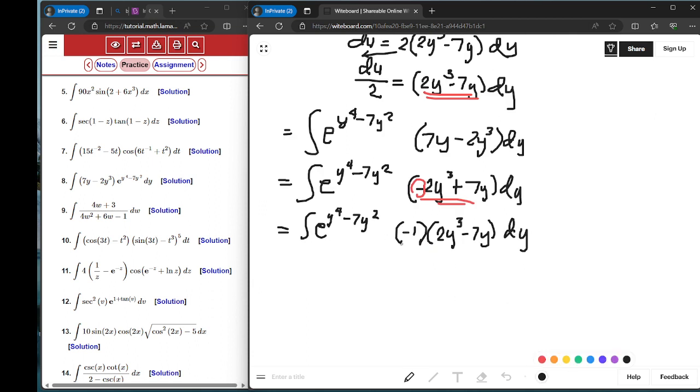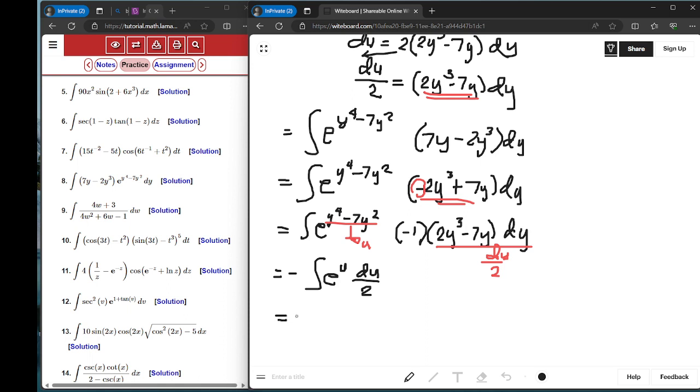Now we can move out the negative sign since that will become a constant. This one will be our du over 2, and this one here is our u, which means that it is now in the form of e to the u du over 2.